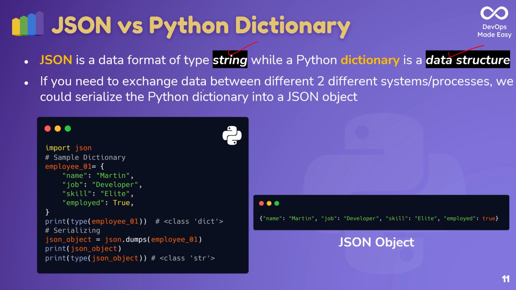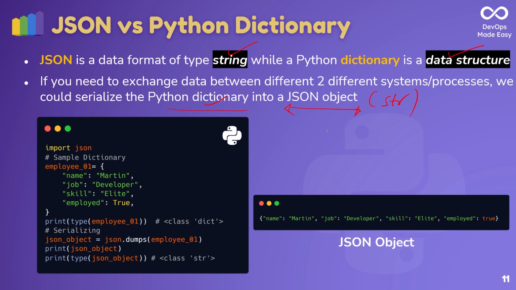If you need to exchange data between two different systems or processes, or let's say between two different microservices, we could serialize a Python dictionary, and that becomes a JSON object. The Python dictionary is a data structure. Once you serialize a dictionary, it becomes a JSON object of type string.